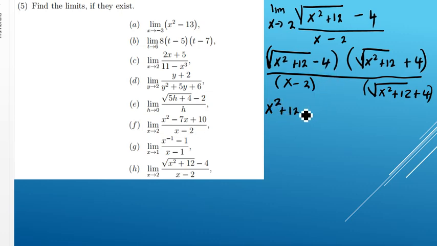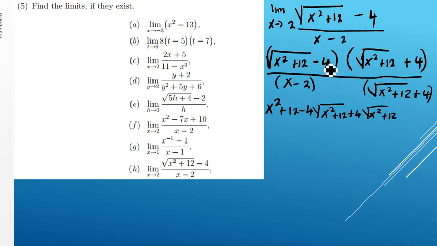Then of course minus 4 root of x squared plus 12 plus 4 root of x to the power 2 plus 12.